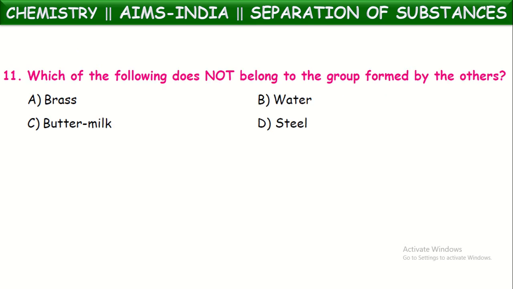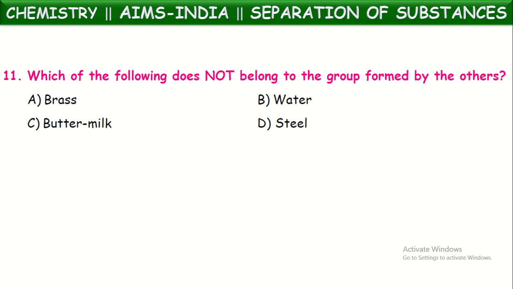Next one. Which of the following does not belong to the group formed by the others? Four substances are mentioned, and one is not related to the remaining group. They are brass, water, buttermilk, steel.